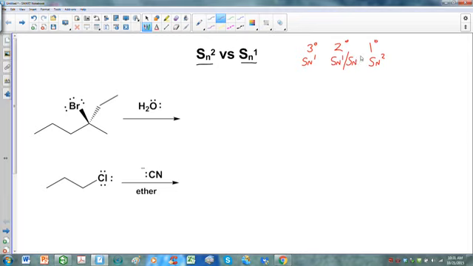So in some of these questions it's going to be pretty easy to tell which mechanism you're going to proceed by because your substrate's going to be able to tell you. So let's look at these two. This guy here, 1, 2, 3, 4, 5, 6. We got 6 carbons. This is hexane. This is 3-bromo-3-methylhexane.